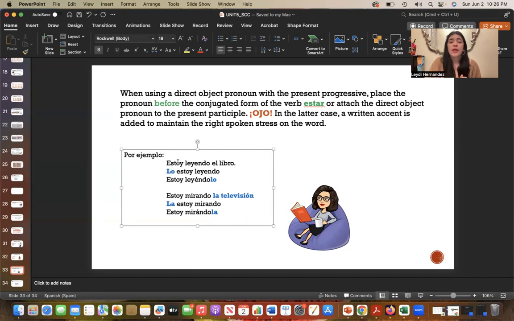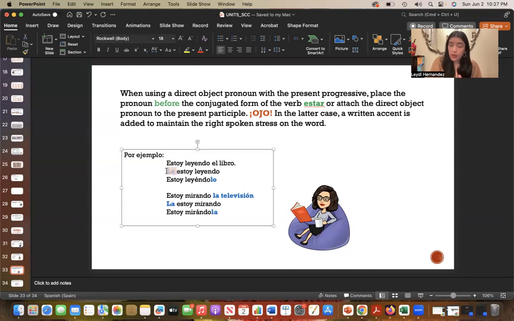For example, estoy leyendo el libro. I'm reading the book. If we're going to continue talking about the book, we can put it before the conjugated verb, lo estoy leyendo, or we can just attach it at the end: estoy leyéndolo. These two sentences mean exactly the same thing.